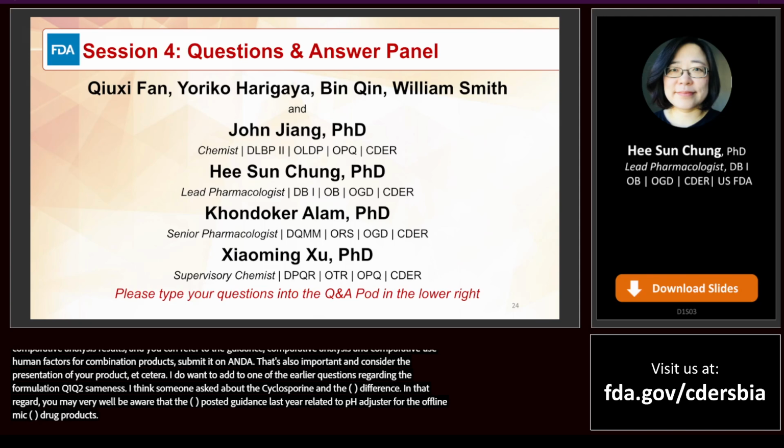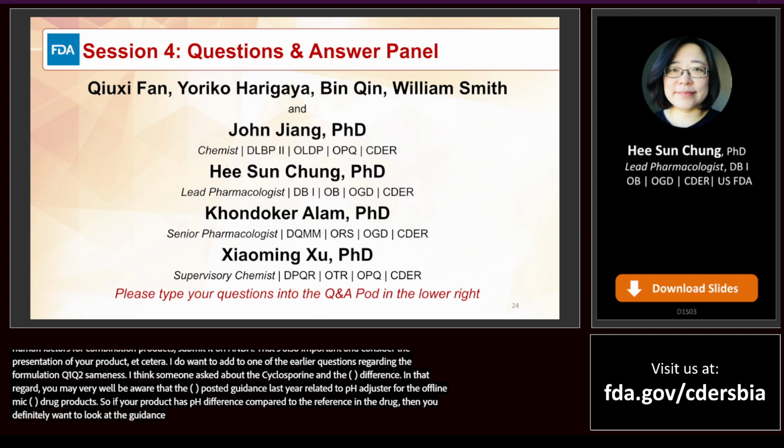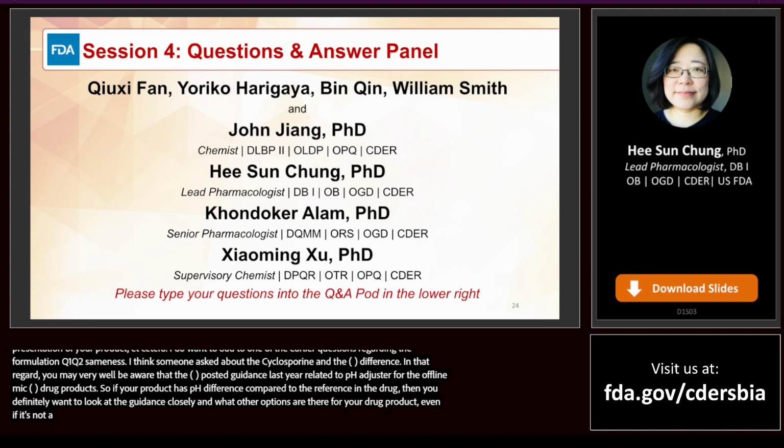So if your product has a pH adjuster difference compared to the reference listed drug, then you definitely want to look at the guidance closely and at what other options are there for your drug product, even if it's not a simple solution, for example. Thank you.